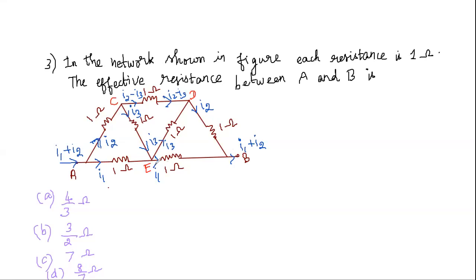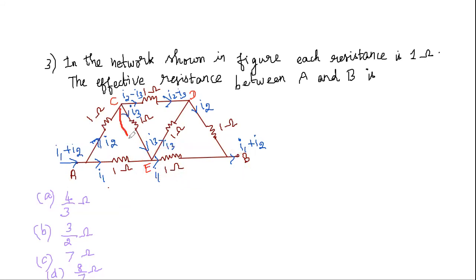So here you see this arm AE. Okay, this arm. I'm showing you here AE. This arm is AE, and by symmetry you can see current through this arm AE is actually equal to EB. Okay, because why is it so?